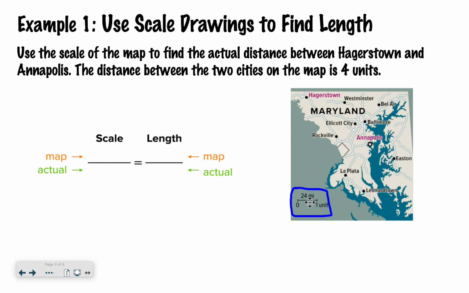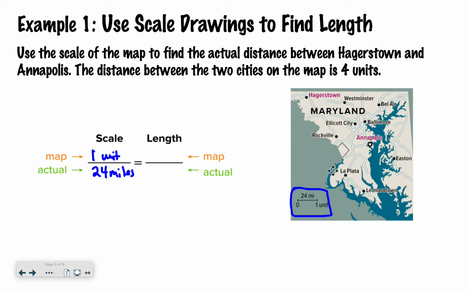What the scale means is that this distance right here on the map is called 1 unit, and we see that 1 unit is equal to 24 miles. So 1 unit is 24 miles.